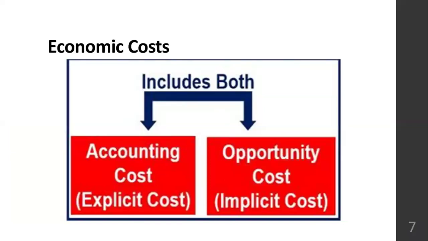Then you have economic cost. It includes both accounting cost and opportunity cost. Both are called economic cost. So explicit cost and implicit cost. Opportunity cost is implicit cost. Accounting cost is explicit cost. And both of them are part of economic cost.